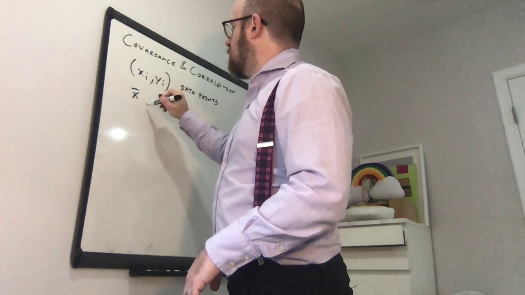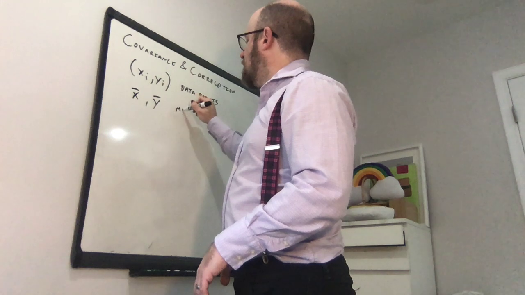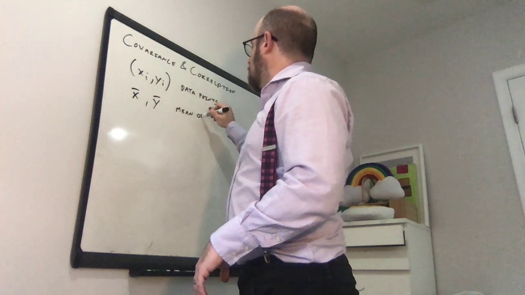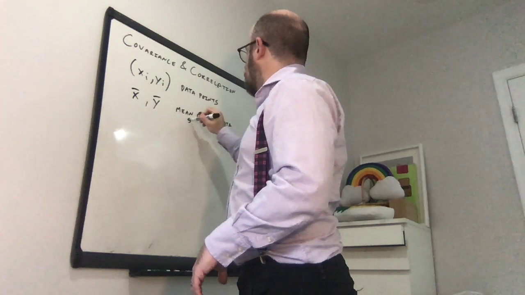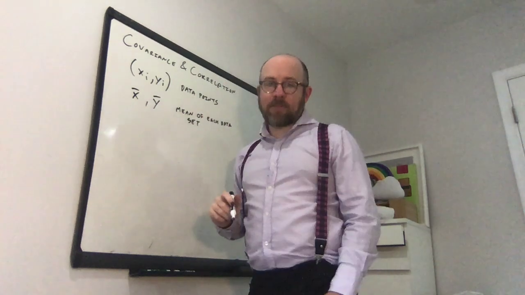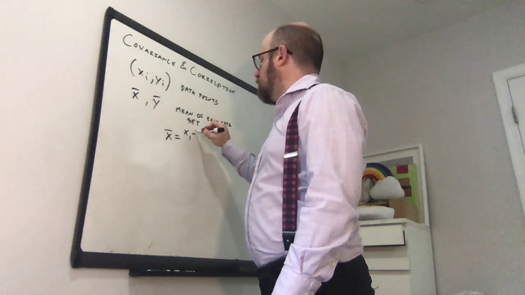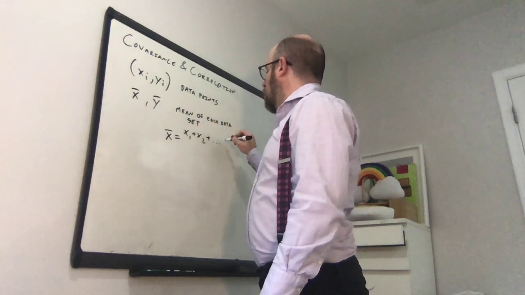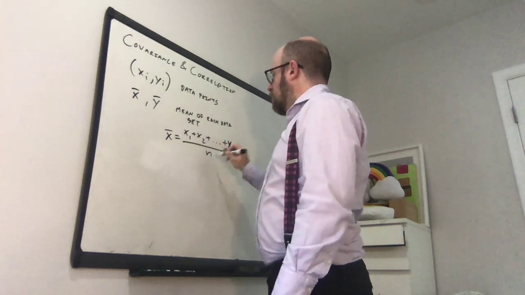X bar and y bar will be the mean of each data set. For example, x bar is equal to x1 plus x2 all the way up to xn, divided by n.